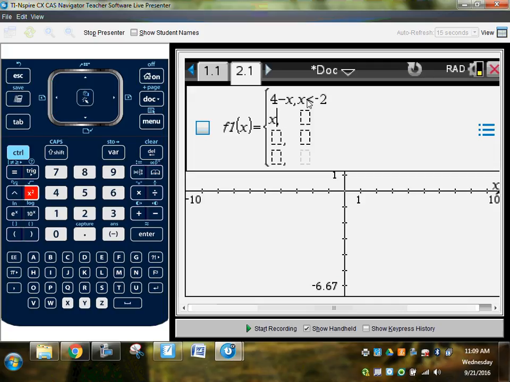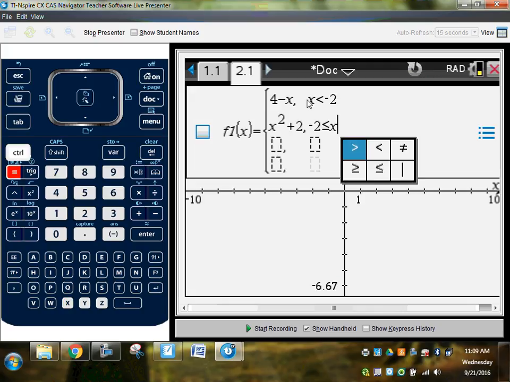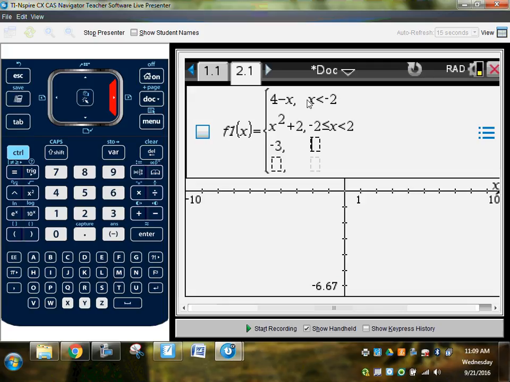Go through and finish out typing this in. Once you're done, you'll hit enter and it'll give you a graph, right?